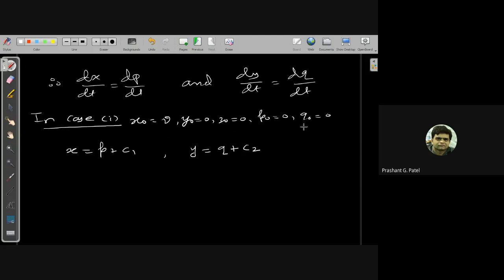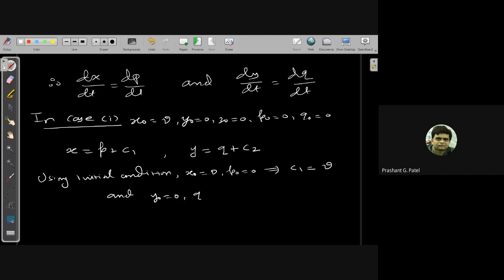If I use the initial condition, that means X0 is equal to V and P0 is 0, it gives me C1 is V. And if I put Y0 is 0 and Q0 is also 0, that will give me C2 is 0.